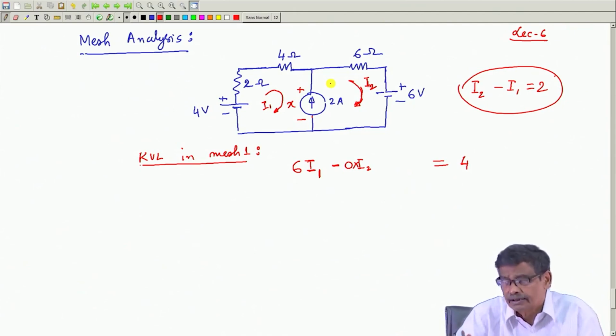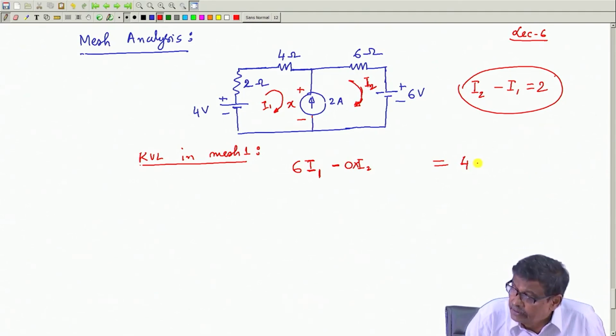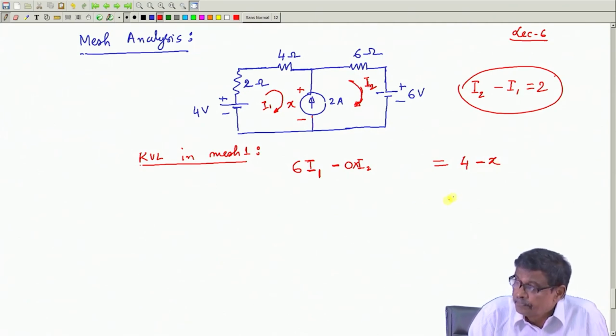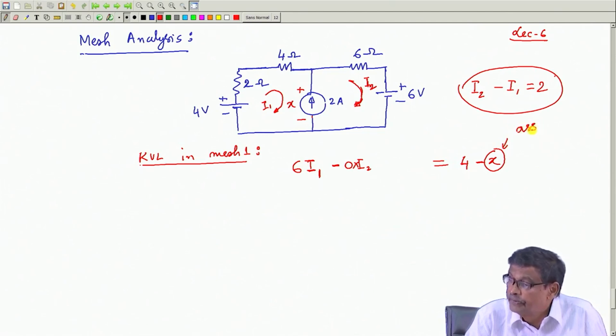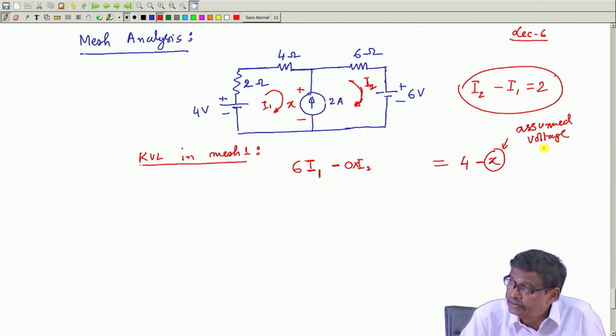So many things are connected, some voltage will definitely appear across it, x. This can be taken into account by writing like this. But here is the important thing: this is the voltage across the current source, assumed. I have assumed both the polarity and magnitude of the voltage x, as I have shown, the assumed voltage across the current source.